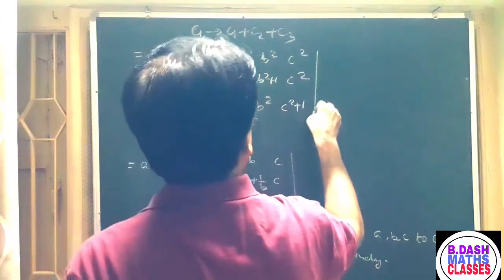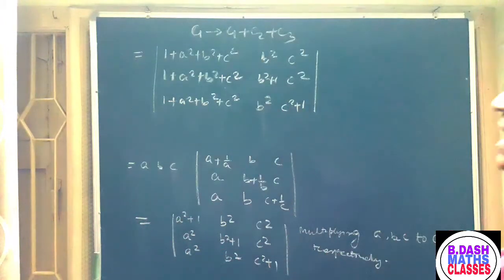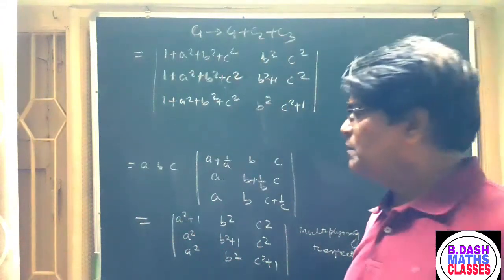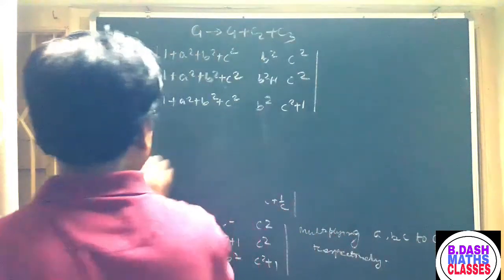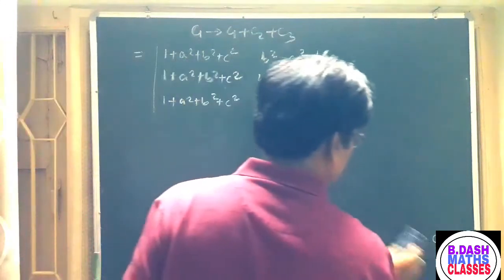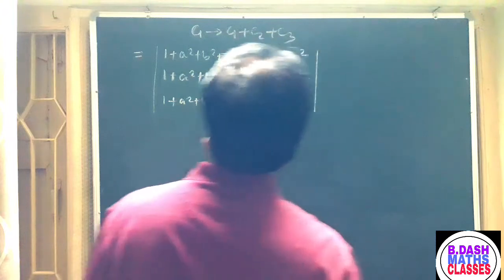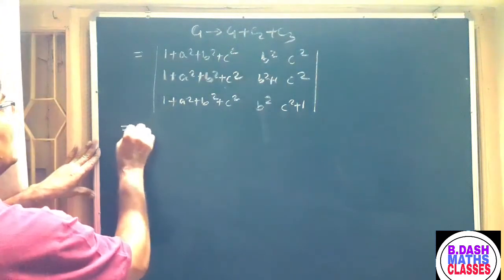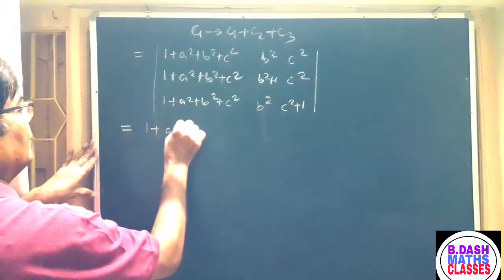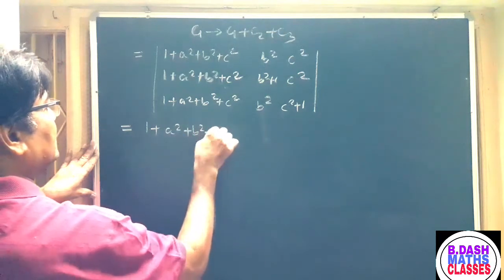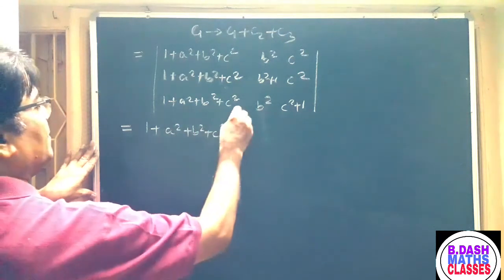What we have done here, we have replaced column 1 by column 1 plus column 2 plus column 3. After that, what we have to do? Let us take common 1 plus a square plus b square plus c square from the first column.